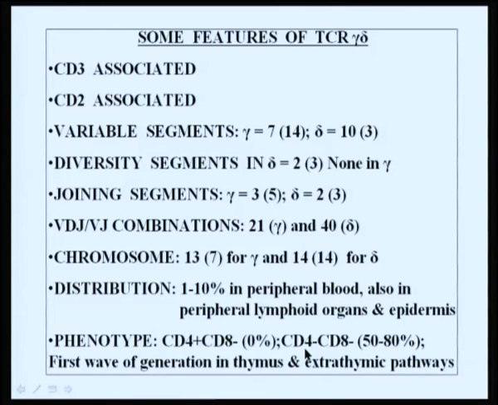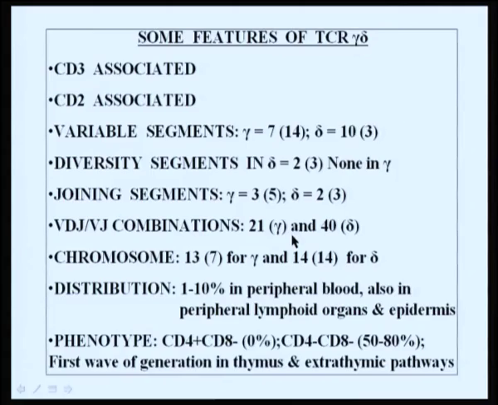The antigen recognized by these gamma delta T cells is more phospholipid in nature, as opposed to the protein derived peptides that are recognized by the alpha beta T cell receptors.